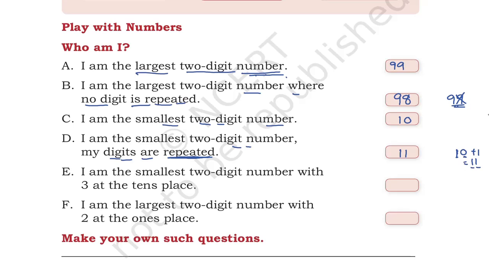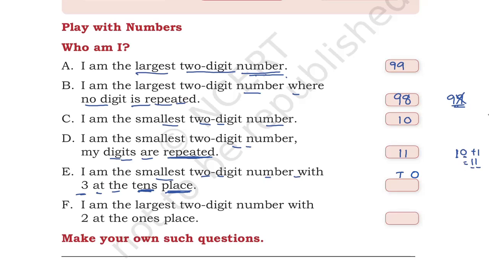Come to the next number. I am the smallest two-digit number with 3 at the tens place. Can you do that? Okay, so we have the tens place and we have the ones or the units place. What do they say?